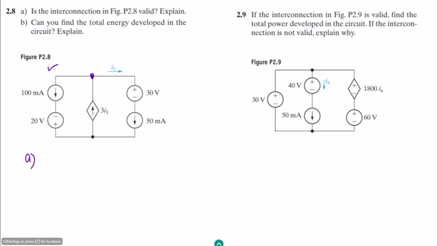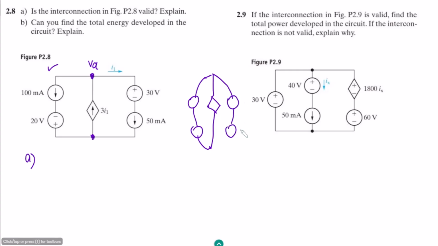So this is the common point here. This is the voltage source, the current source, this one is the source as well, and these are the two sources here. So we can see that here the voltage is VA, which can be drawn just like here as well. Okay, this one is the dependent source.